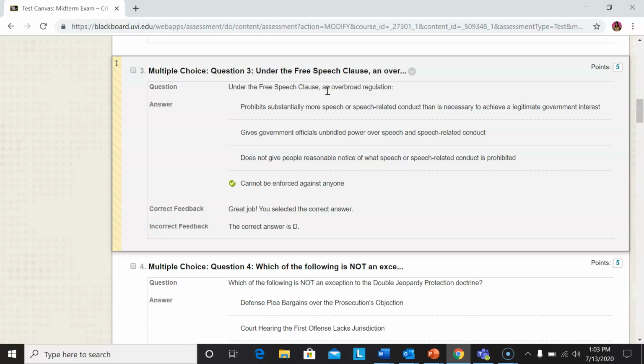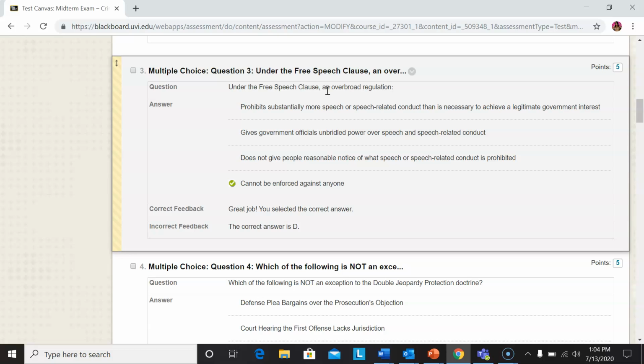So when we get to this question here, the overbroad regulation under the free speech clause, everyone selected A, but only half of option A's answer is correct. It is true that an overbroad regulation prohibits substantially more speech or speech-related conduct than is necessary.